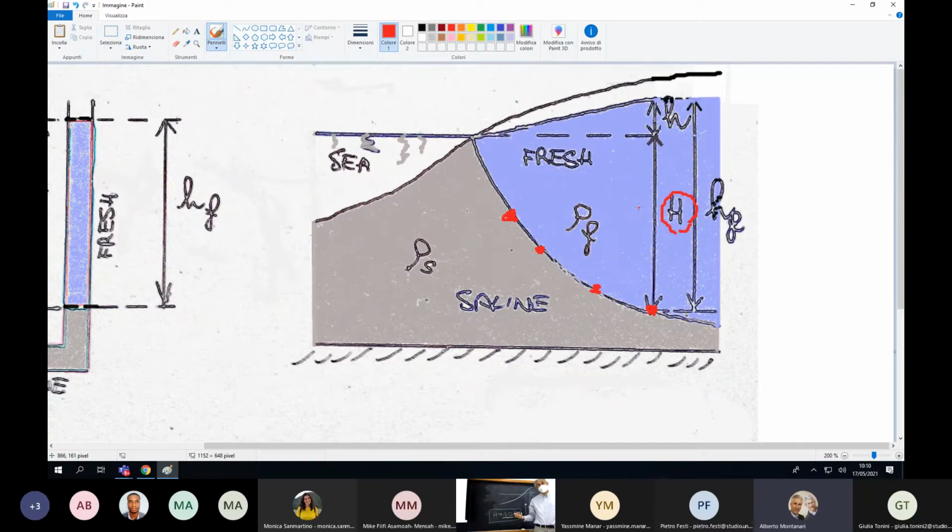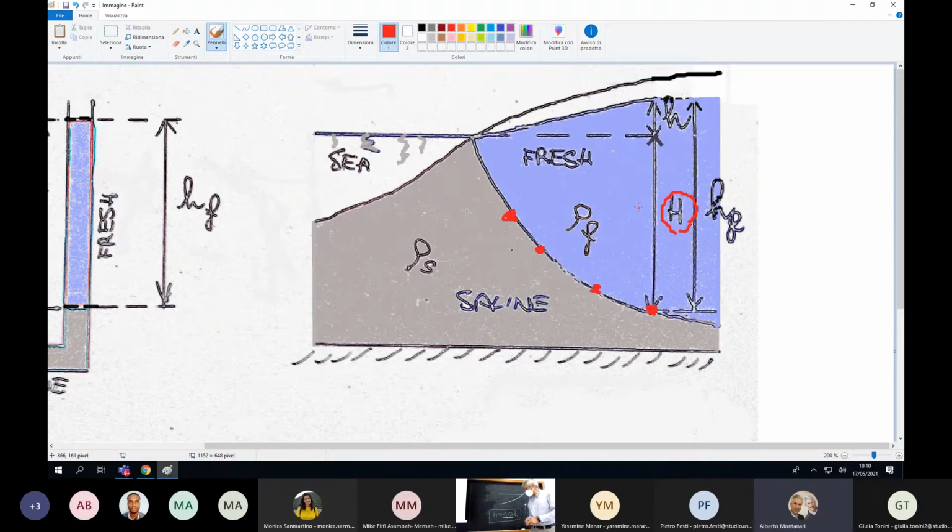So the effect in terms of saltwater intrusion is amplified by a factor of 40, which means that we have to be very careful with the groundwater level and saltwater intrusion in general.